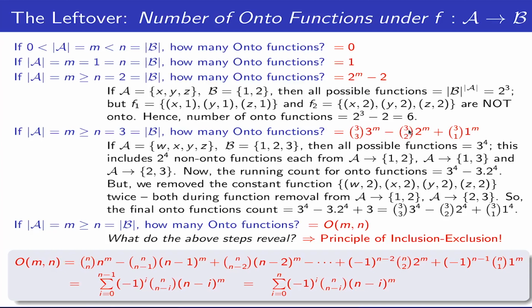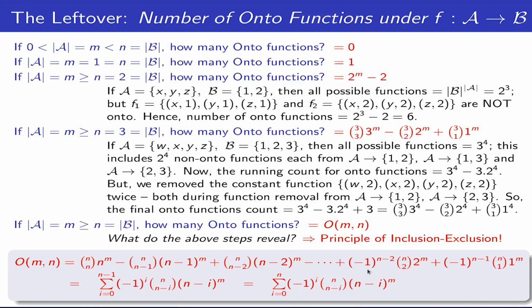We try to remove the set of functions that eliminates one element and selects the functions with only two elements. So nC(n-1) times (n-1) to the power m. Then nC(n-2) times (n-2) to the power m. See this formula, this is inclusion, exclusion, and so on up to 1 to the power m.